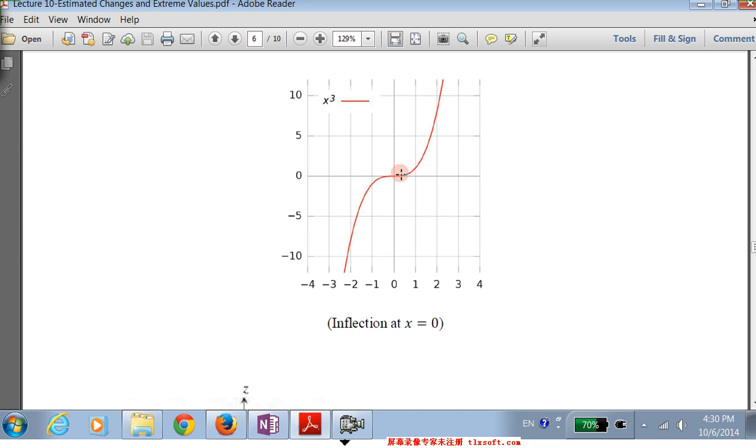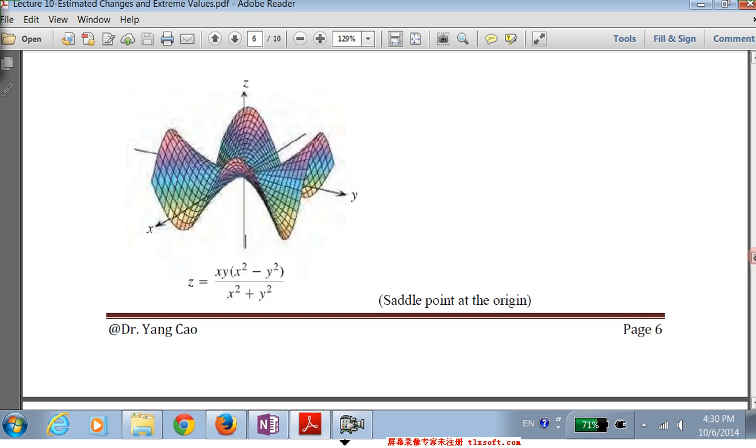But from the graph right here, apparently this is neither min nor max, right? Because when you go this way, it's increasing. When you go this way, it's decreasing. So we call that an inflection point for a scalar function, okay? And in the 2D case, it's called a saddle point, okay?